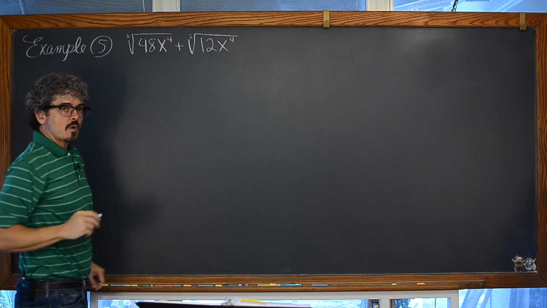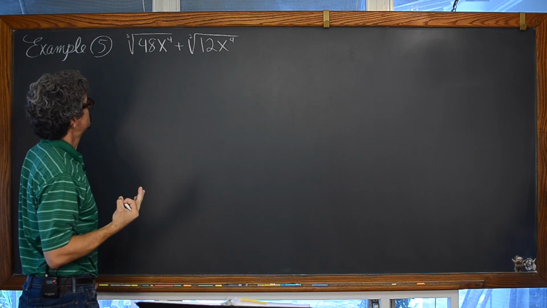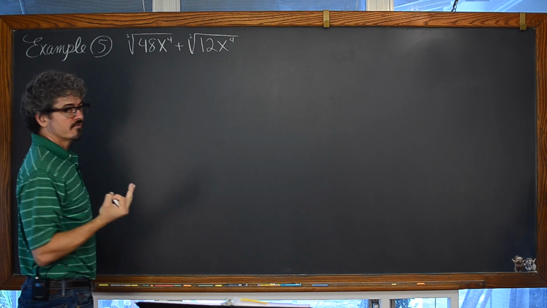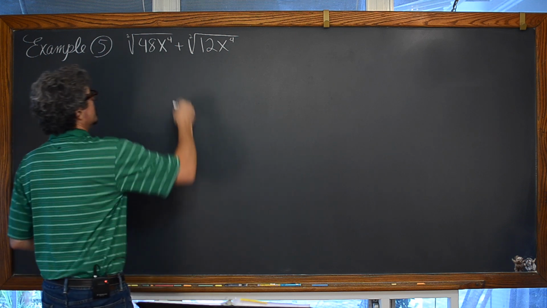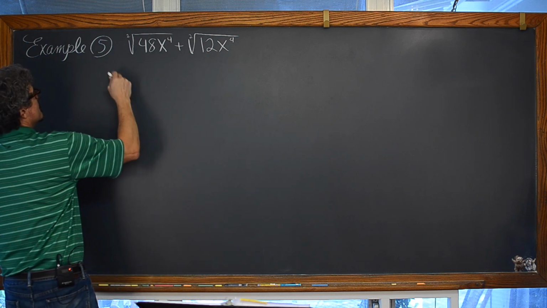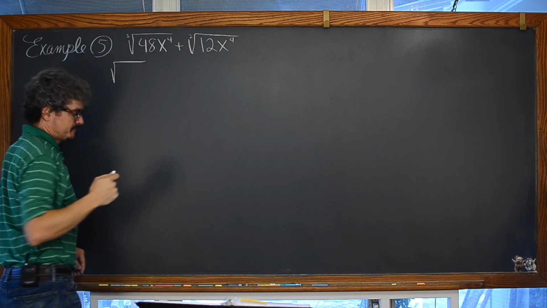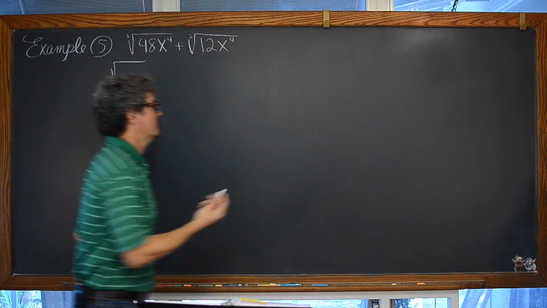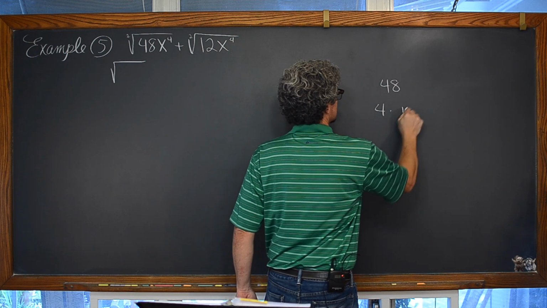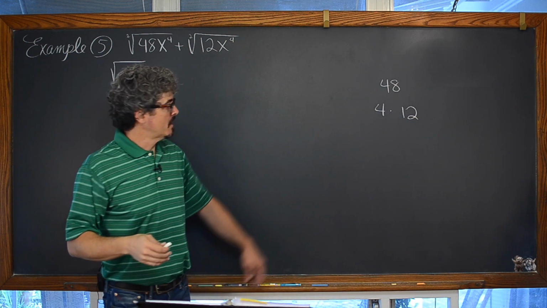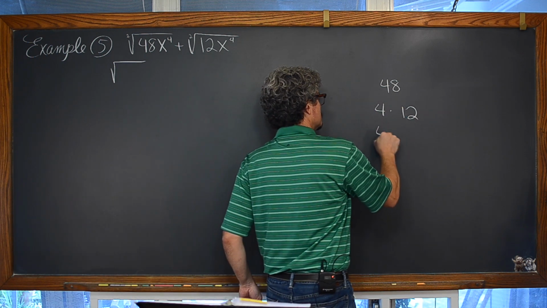Are there any perfect squares in either of these numbers? Well, yes. For 48, we have 4. Well, we also have 16. I'm doing some mental math as I'm thinking. 48 is equal to 4 times 12. Well, I paused right there because 12 has another factor of 4 in it. 12 is equal to 4 times 3.